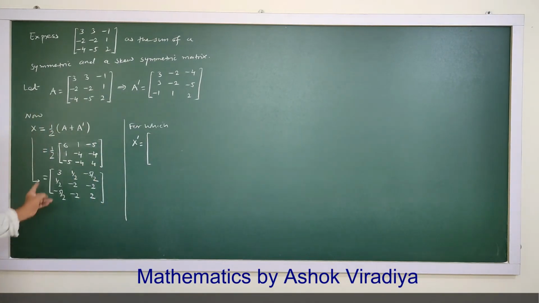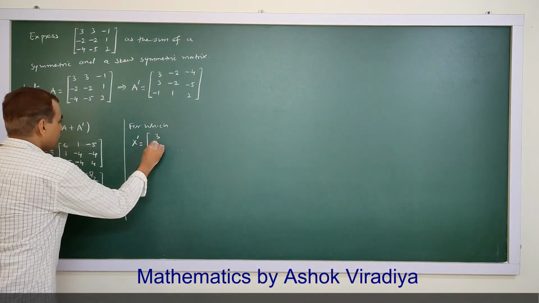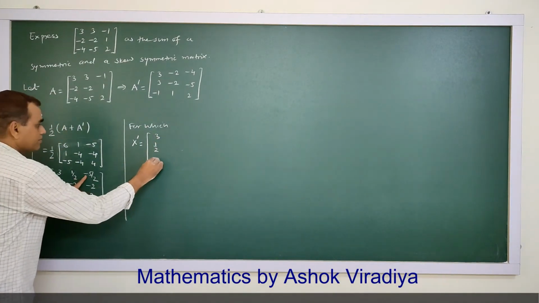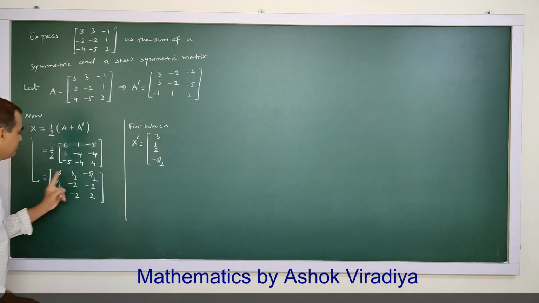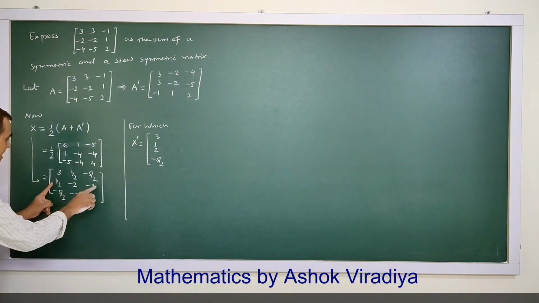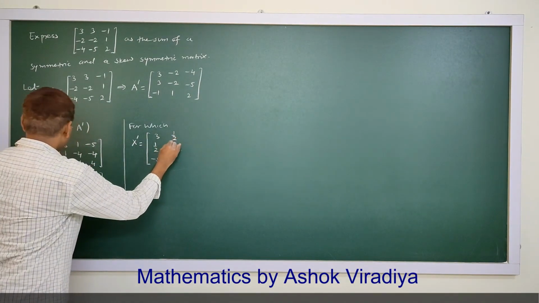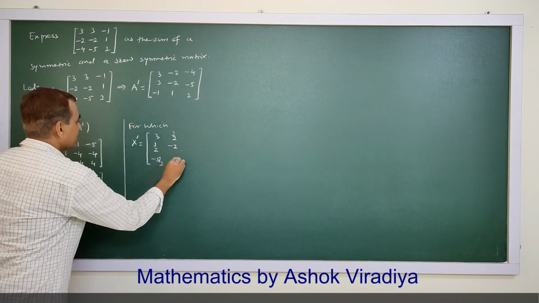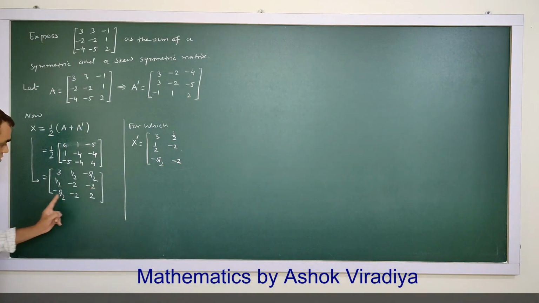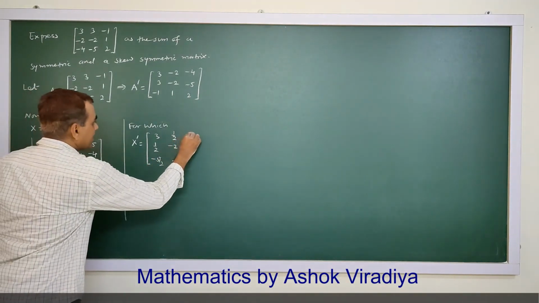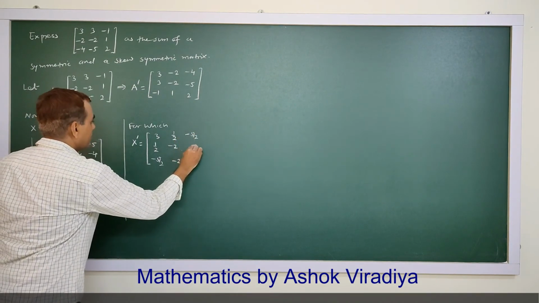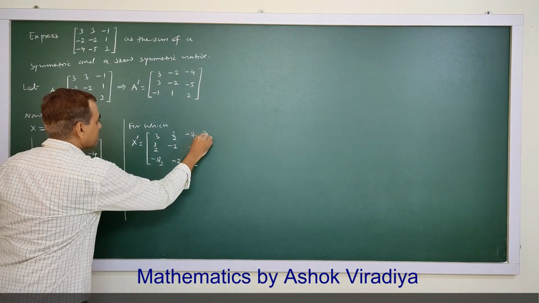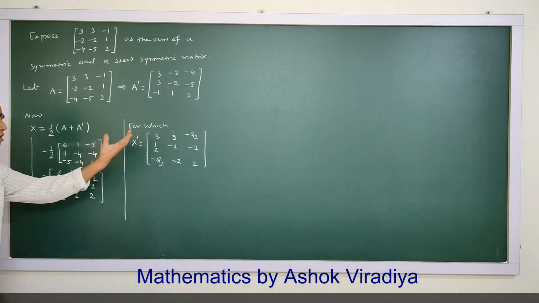So taking its transpose, first row is now first column. Second row converting in second column. Third row converting in third column. Converting all rows into columns.